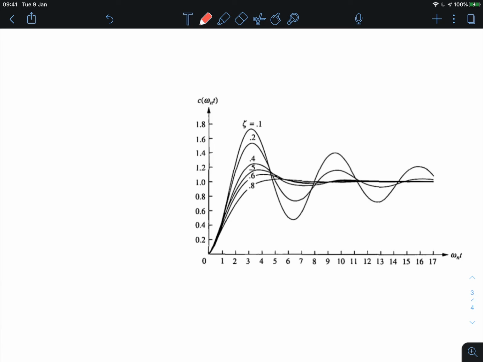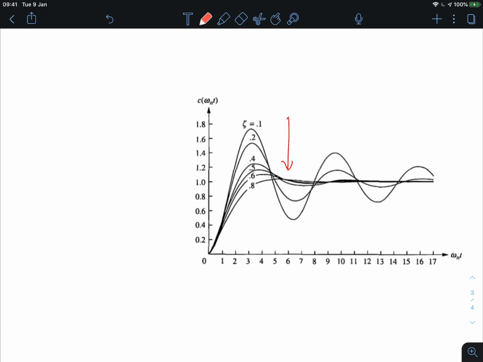These are the different types of responses for some specific second order system that you are seeing here. You see that if the value of xi keeps increasing, starting from 0.1 to 0.8, the response of a second order system starts becoming almost like a first order system, and the overshoot is also reducing, according to the definition we used earlier.